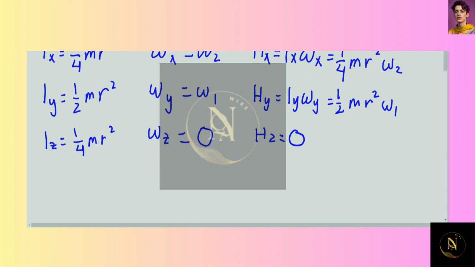Now we can write out the equation for the angular momentum about the point A. This is equal to the x component i plus the y component j plus the z component k. We're going to start plugging in the known values.